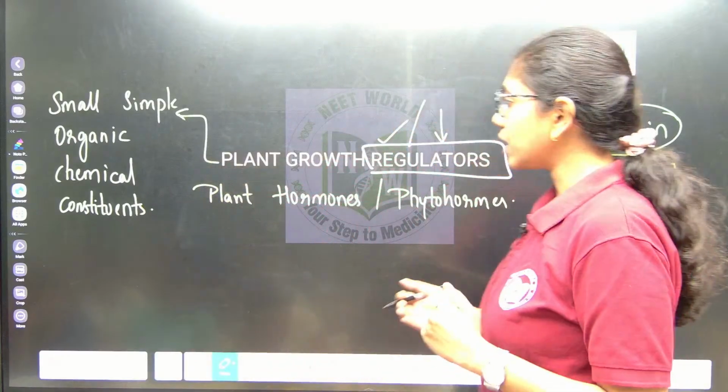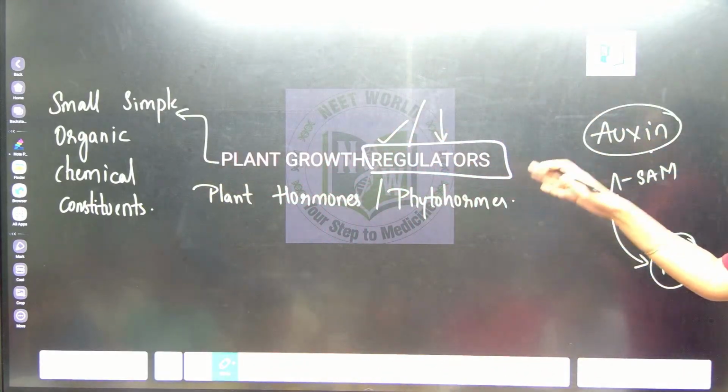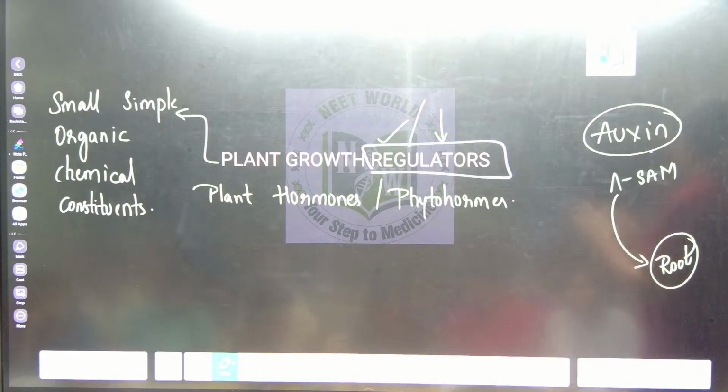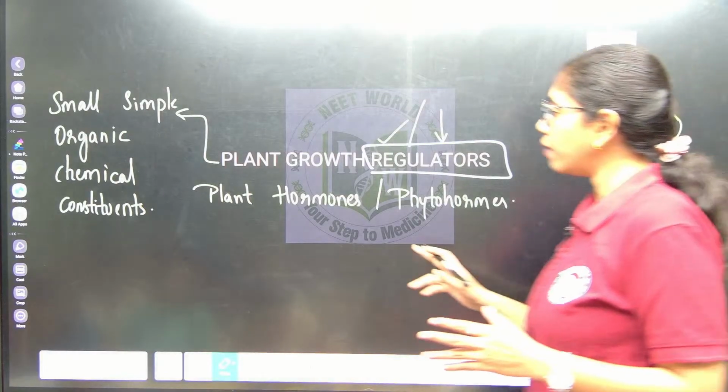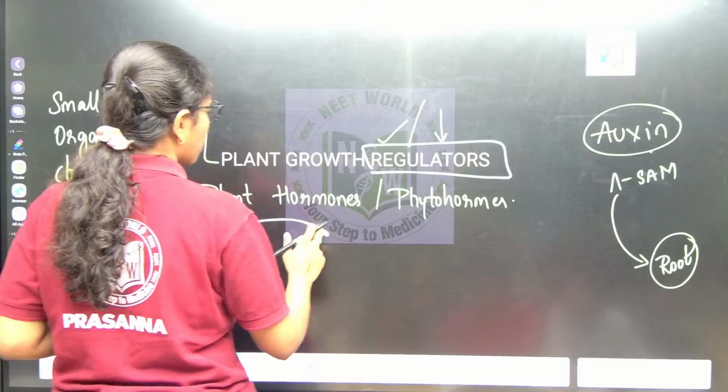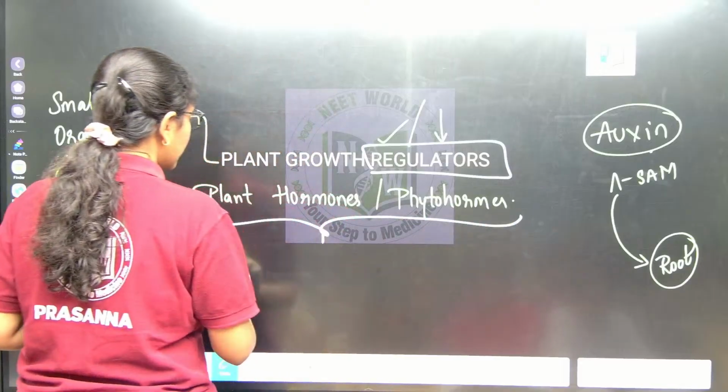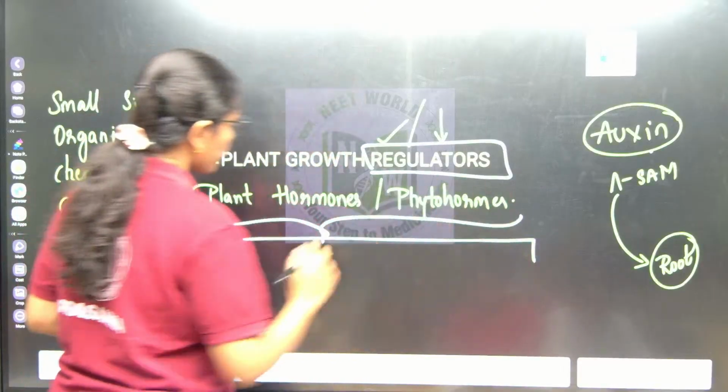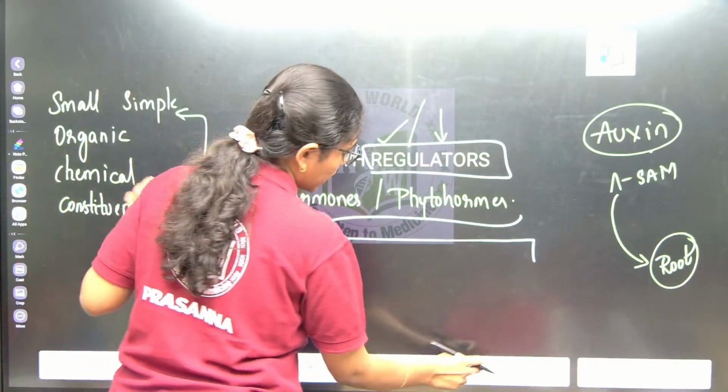As such, how many plant hormones do we need to learn? There are so many plant hormones, but here we are learning the basic, first derived or discovered phytohormones. Those are what? Auxin.